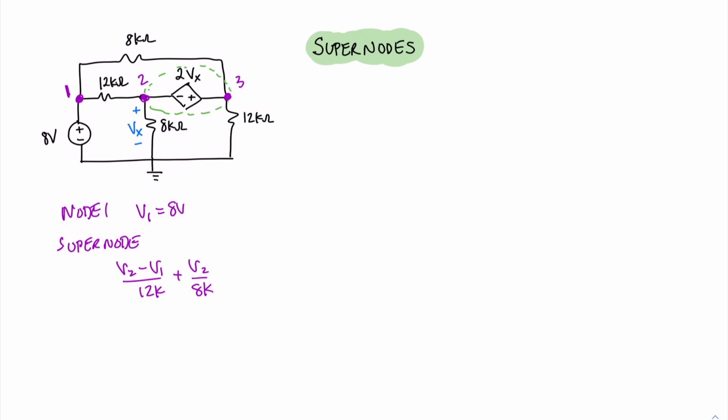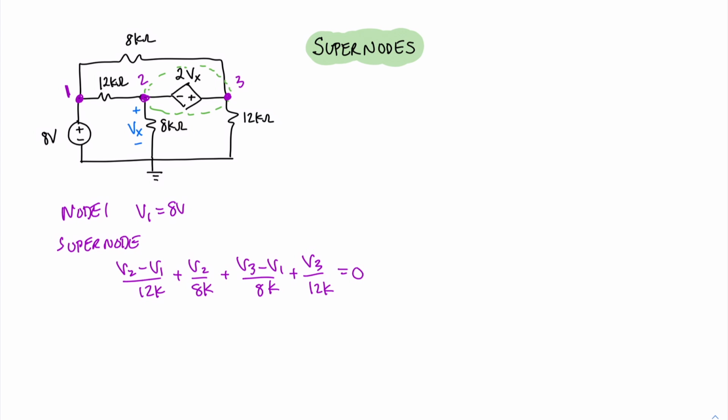Now we'll move over to node 3, and we get plus (V3 minus V1) divided by 8K for the resistor at the top, and plus V3 divided by 12K for the resistor on the far right. And all of that must equal 0.